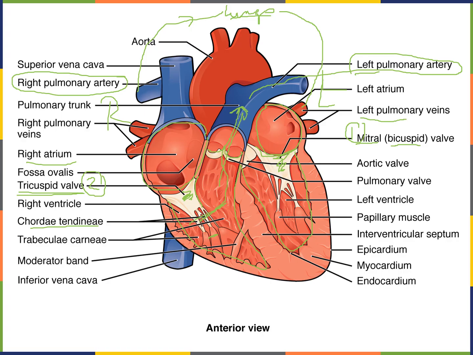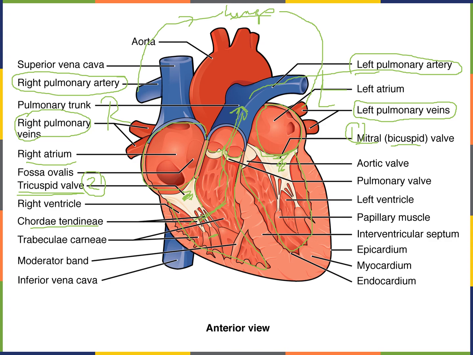And there we have the left pulmonary veins, because veins bring blood back to the heart. These are the only veins that carry oxygenated blood. We also have right pulmonary veins, because again we have right and left lung.